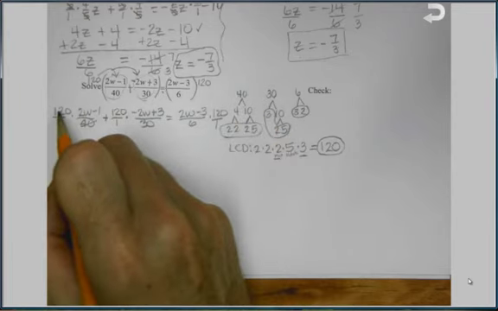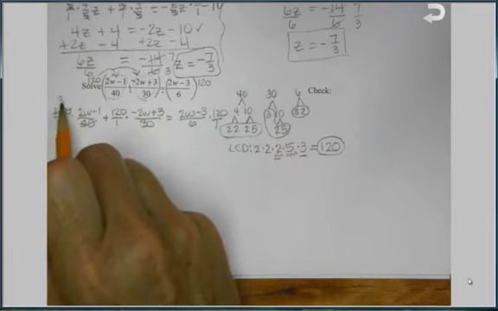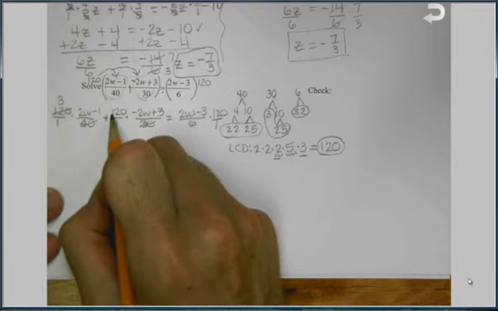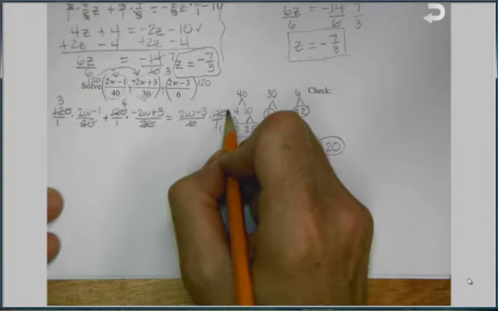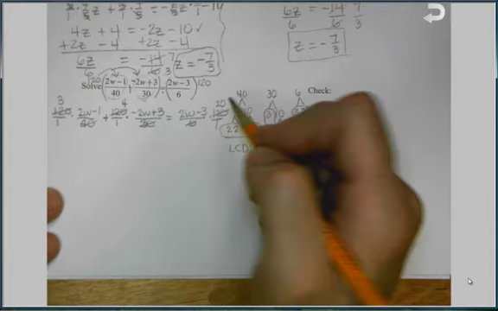Now 40 goes into 120 3 times, 30 goes into 120 4 times, and 6 goes into 120 20 times.